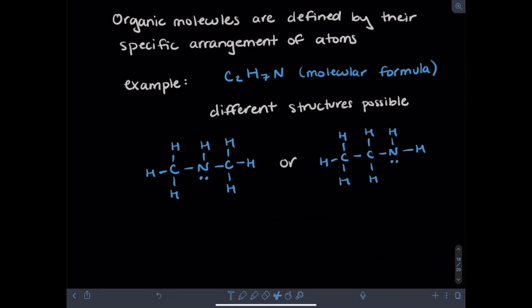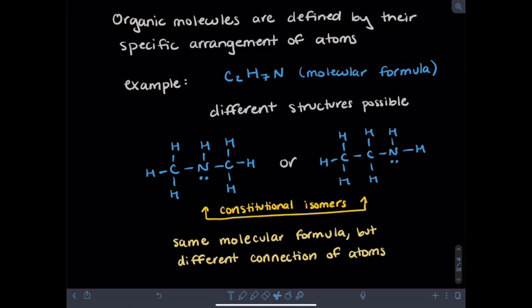These two structures are drawn below. You could either have carbon, nitrogen, carbon in the middle of your molecule, or carbon, carbon, nitrogen. Both of these molecules obey all of the octet rules and bonding patterns that I talked about, but they are different structures.